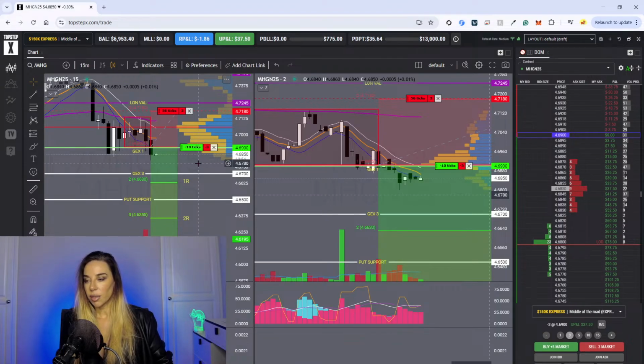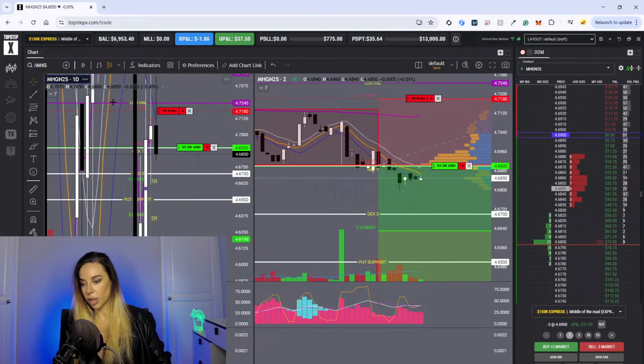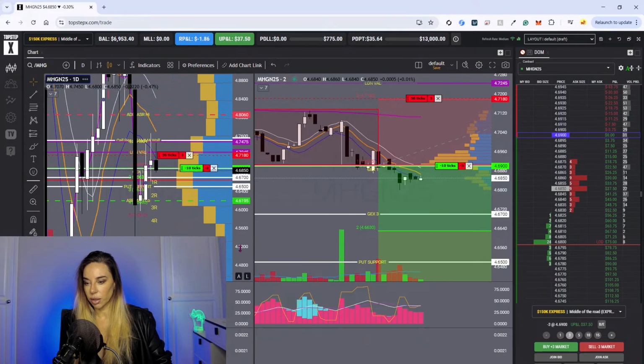Okay, I have a little micro copper here going on. So I am looking at the continuation of the downside moves that we've seen. Now, if I go back to the daily chart, you will see what I mean.